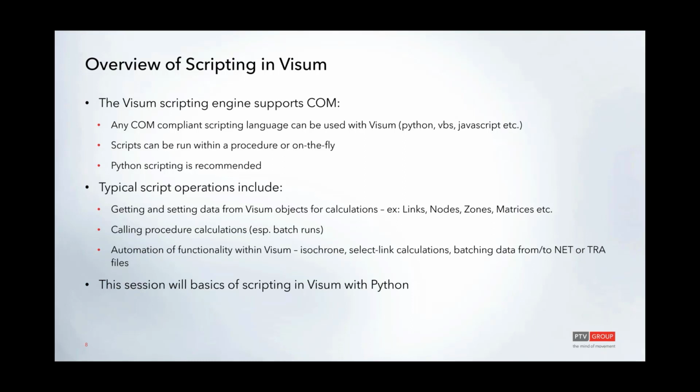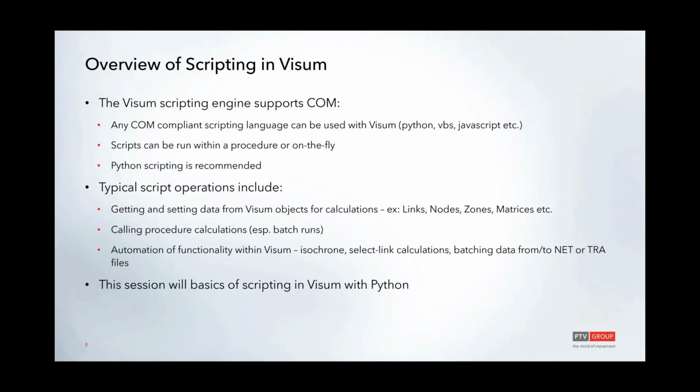So the Visum scripting engine supports COM, which means that any COM compliant language can be used with Visum in general. For example, you can interface with Visum using Python, VBS, JavaScript, etc. So there isn't really a restriction on what type of language you use with Visum as long as it's a COM compliant language.